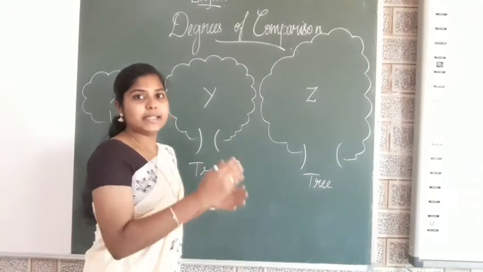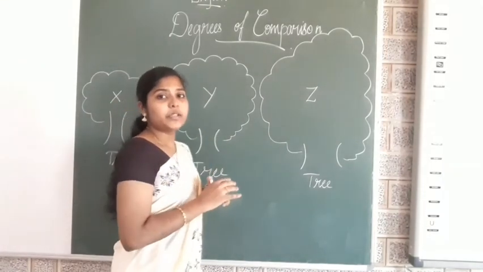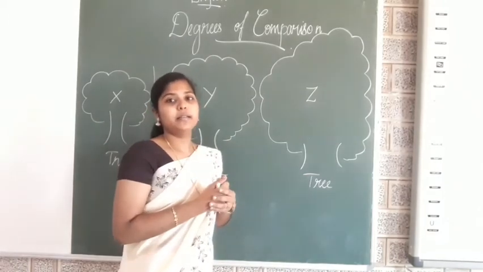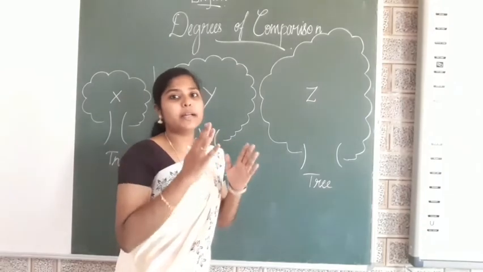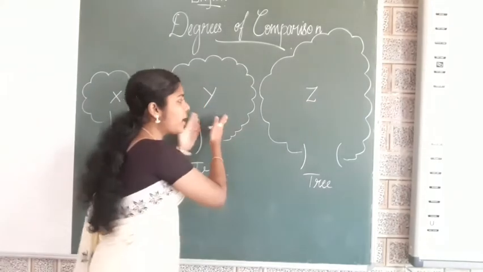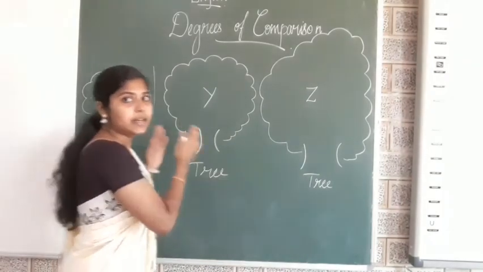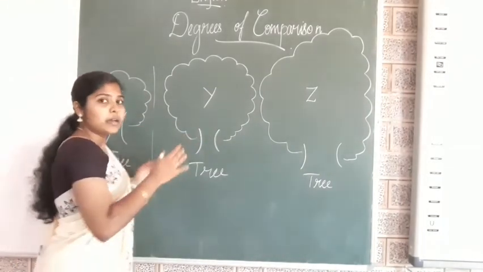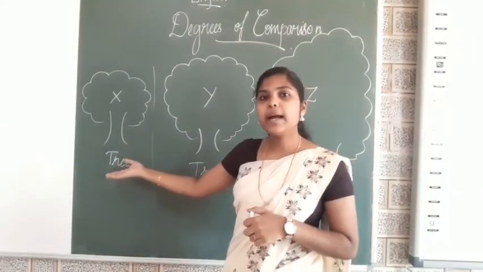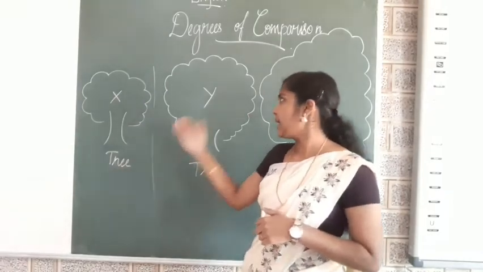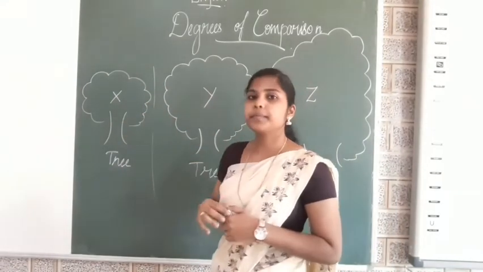My friend is saying that Y is the large tree. So we have a conversation and we have an argument. Finally, we came to a conclusion that Y is larger than X. Can you see this picture? This tree is larger than this tree.